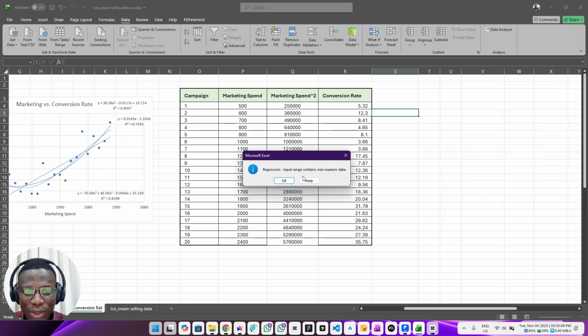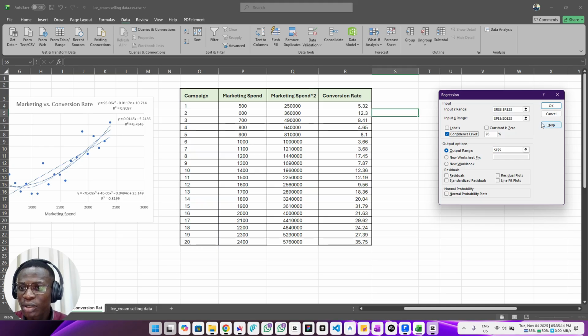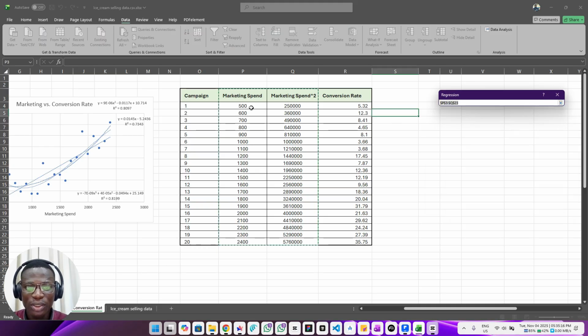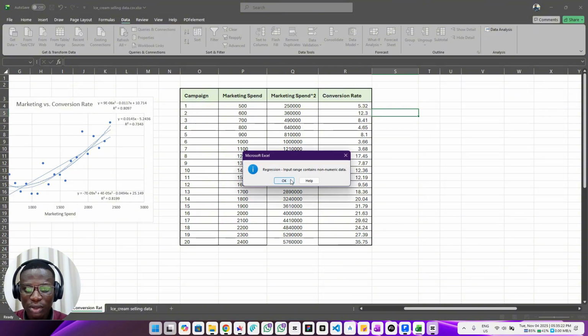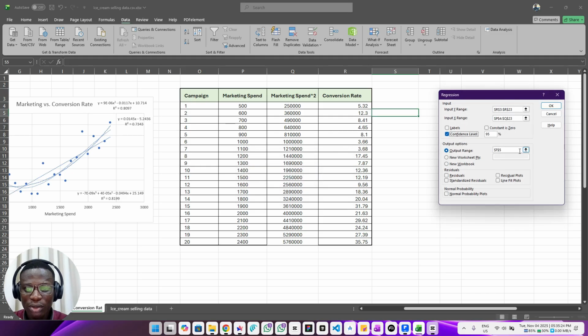So the regression input range contains numeric data. Okay, so let's say this. Very quick. What is this?